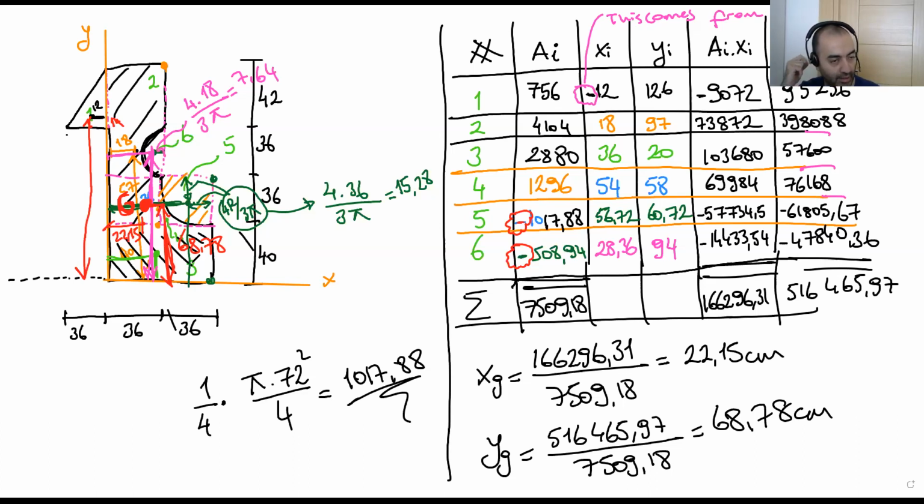We have just found the centroid location of this complex shape. This is the table method. If you do a few examples, you're gonna see you will be very fast regarding these problems. So we are not doing a complex calculation here. You have to be just careful while you are calculating xi and yi.